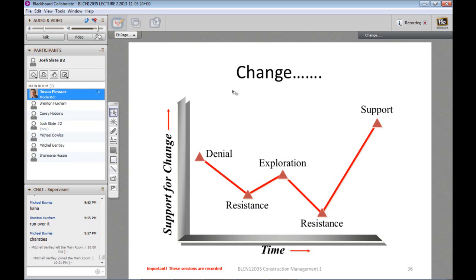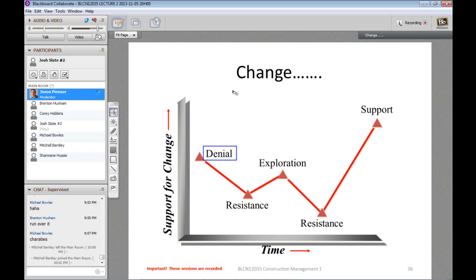All right, so if we look at change, there's the first step, denial, and denial is not a river in Egypt. We can typically use that when we talk about diet and stuff like that as well. No, I'm not overweight, and no, I don't have an alcohol problem at all. So that's typically where we start using those things.